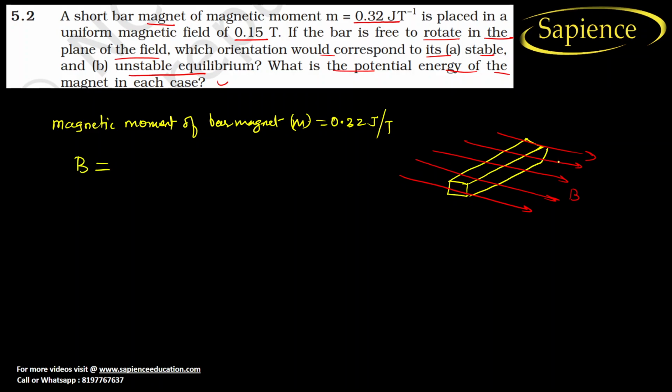And the strength of the external magnetic field is 0.15 Tesla. If the bar is free to rotate, so let us suppose it has been hung from something, so it may be free to rotate, right? And which orientation would correspond to the stable equilibrium and unstable equilibrium? So first of all, we should talk about stable equilibrium. So the condition for the stable equilibrium, right?